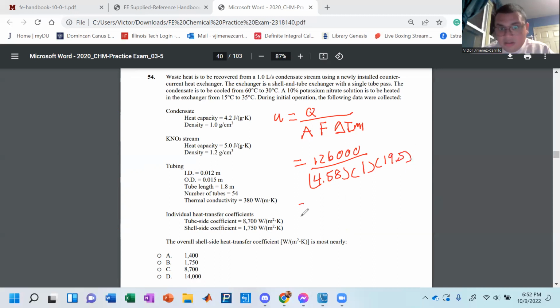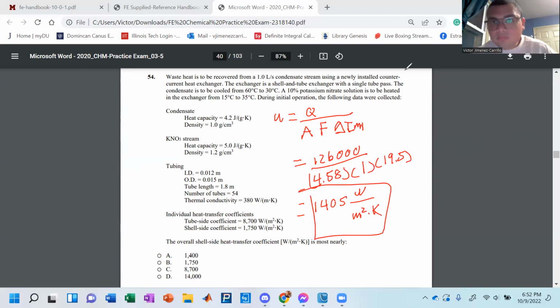And if you plug it all in, you get a beautiful answer of 1405 watts per meter cubed times Kelvin. Super beautiful. That gives us the answer of A.